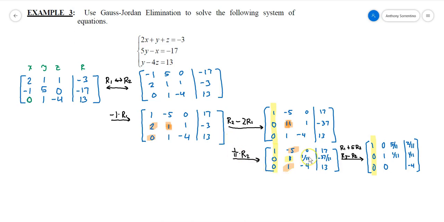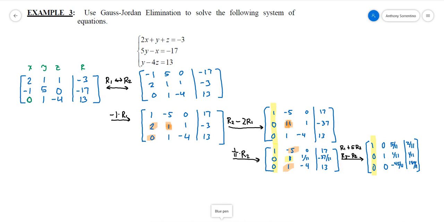Negative 4 minus 1/11 is going to give me a negative 45 over 11. And 13 minus a negative 37 over 11 is going to give me a 180 over 11.